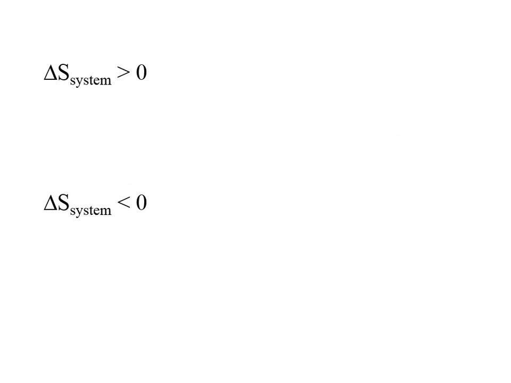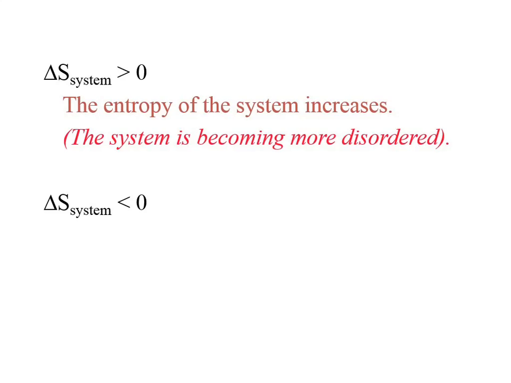So on Wednesday, we talked about entropy. So entropy, chaos. If entropy is positive, so that's greater than 0, entropy is increasing, and we said that your system is becoming more disordered.